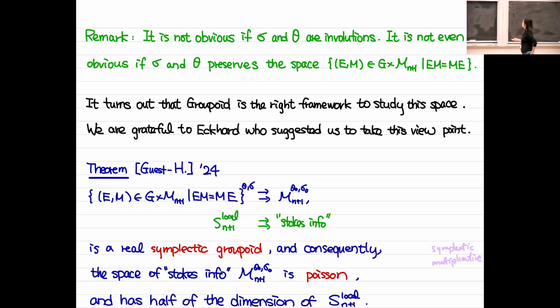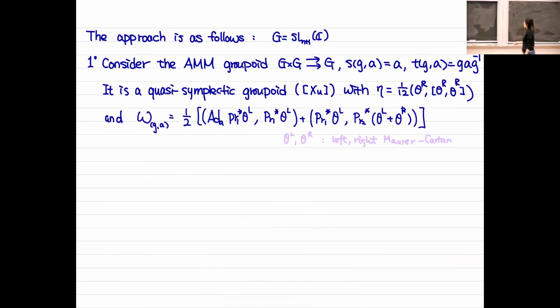Okay, thank you. So you will have this, which means that there is a symplectic form, and the symplectic form is multiplicative, and so on. Okay, so from here you will see why we are using the groupoid language, because if you are only interested in having some kind of symplectic structure on the space, you might think, why can't we just build some kind of symplectic form on the total space, and then we apply the sigma and theta.